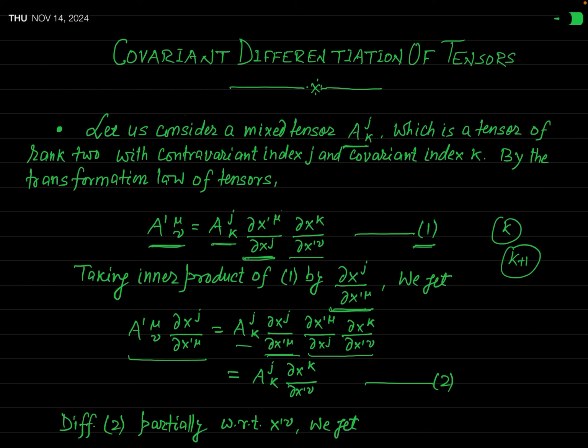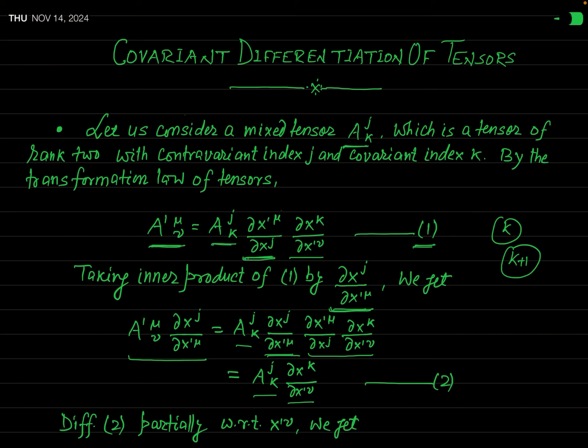For understanding, you can say that this del x'^mu in numerator and del x'^mu in denominator will cancel, and del x^j in numerator and del x^j in denominator will cancel. Although it is a wrong statement, for remembering this, you can say like this. Okay. So the RHS becomes the mixed tensor A^j_k times del x^k by del x'^nu. Okay.